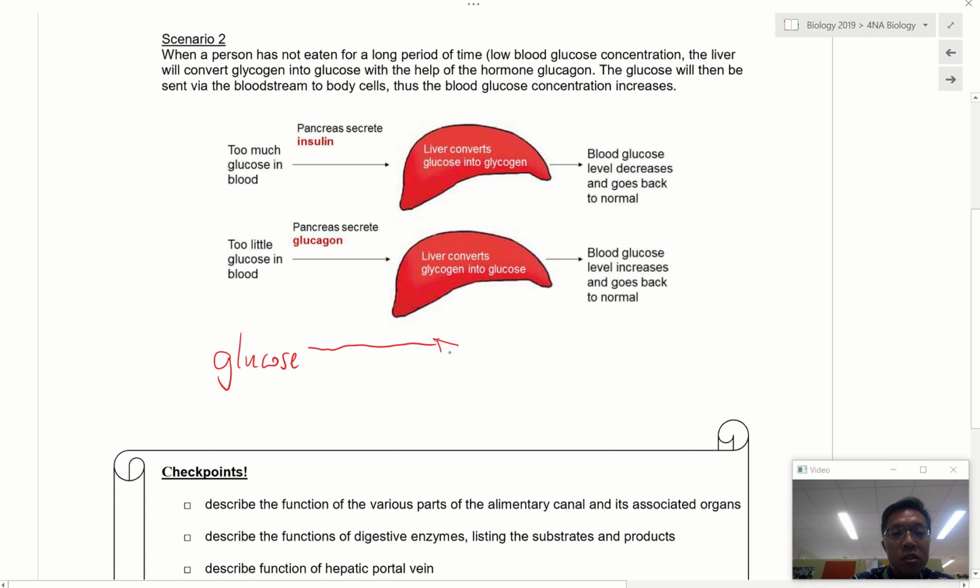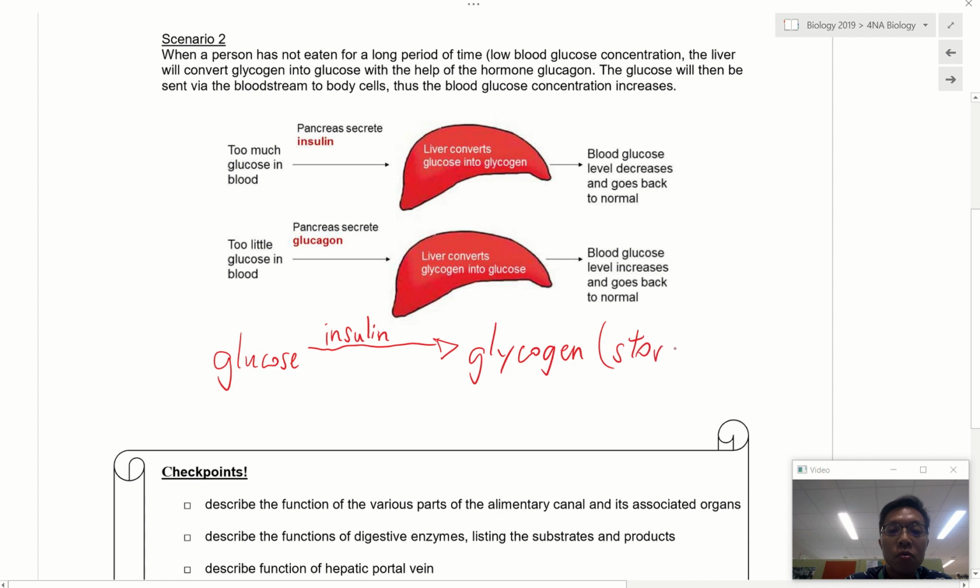Too much is not good. So your body will produce something called insulin. Your pancreas will produce the insulin. The insulin goes to the liver and will convert the glucose into glycogen, and this glycogen is a storage.